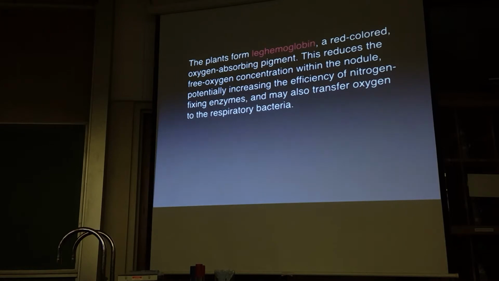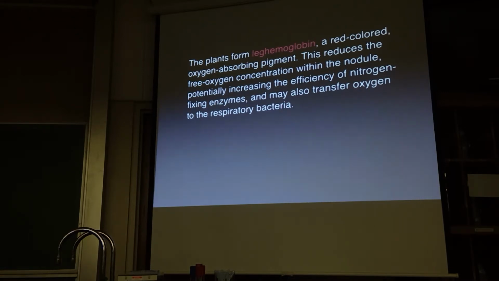It turns out leg hemoglobin, the leg, again, it's produced by legumes, has a very similar function. It can pick up oxygen. It is believed to create an atmosphere inside the root nodule that improves the efficiency of Rhizobium. But it's possible, because Rhizobium is a respiratory type bacteria, the leg hemoglobin might be transferring oxygen to the Rhizobium.